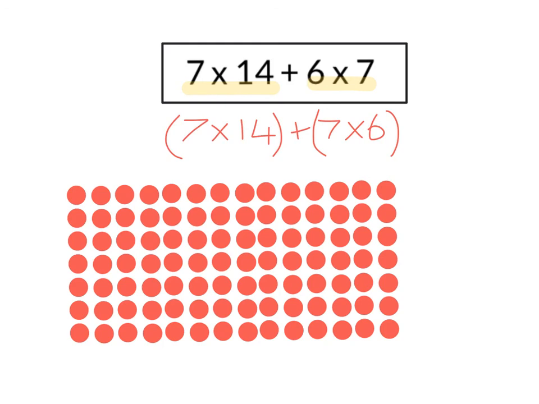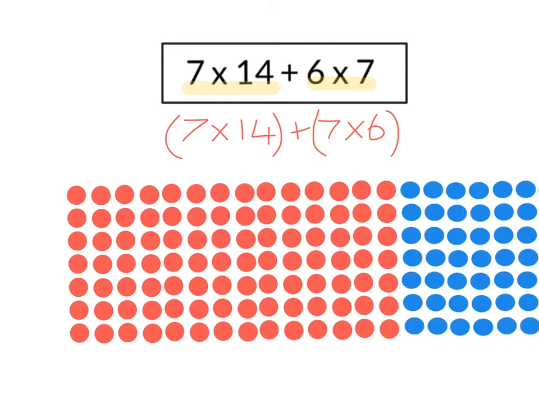So here's my 7 times 14. 1, 2, 3, 4, 5, 6, 7. 1, 2, 3, 4, 5, 6, 7, 8, 9, 10, 11, 12, 13, 14. And then the blue is my 7 times 6. 1, 2, 3, 4, 5, 6, 7. 1, 2, 3, 4, 5, 6.